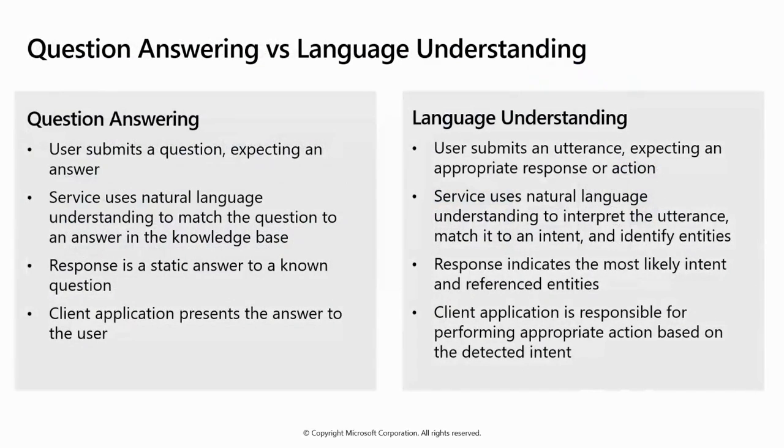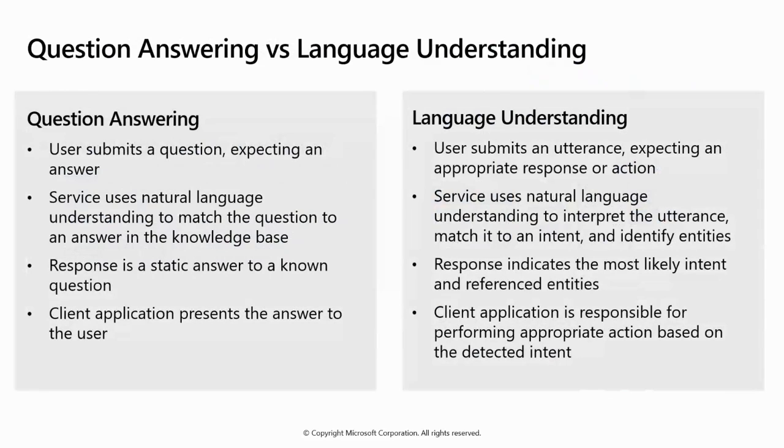A question answering knowledge base is a type of language model, which makes me wonder when to use question answering and when to use the language services ability to understand conversational language. Both of these features let you define a language model that can be queried by using natural language expressions, but there are some differences in the kinds of uses they are made for.